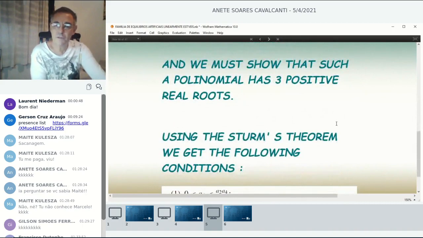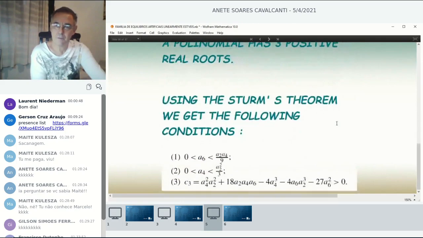We use the Sturm theorem to analyze when this happens. And the Sturm theorem gives us these 5 conditions, given by these 2 inequalities in equation 2, and this one inequality in equation 3.